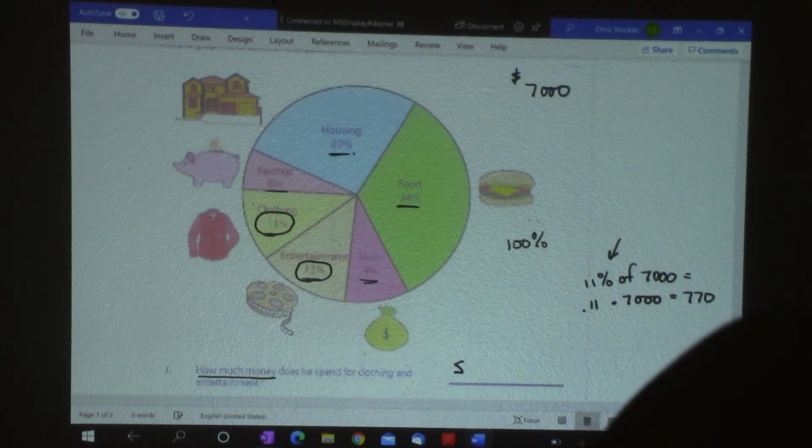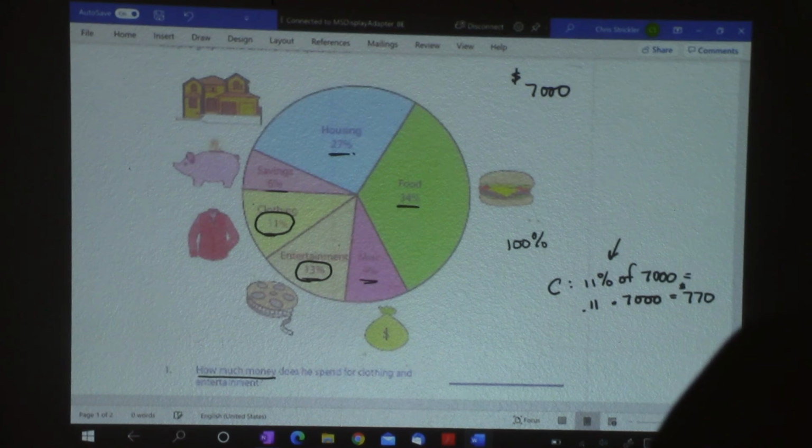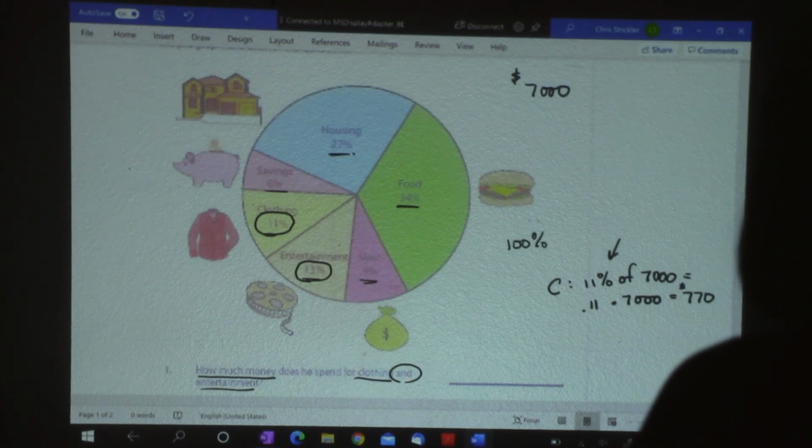So the answer for clothing, let's call that C, is $770. Now the question is clothing and entertainment. What does and mean? That means more. So clothing plus entertainment, so I'm going to do some addition there.